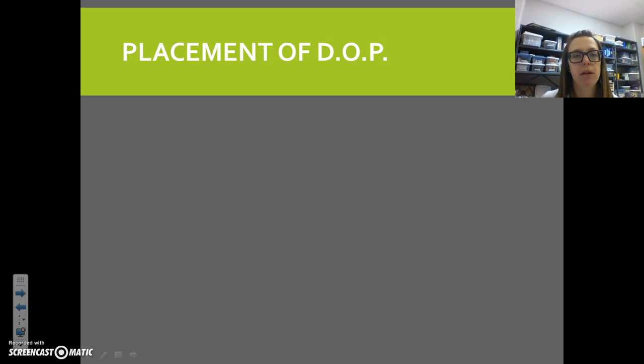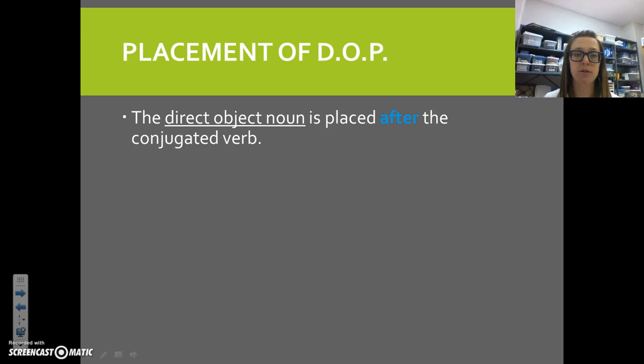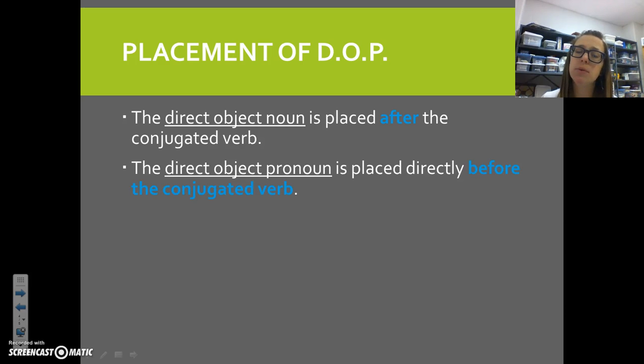Okay, there is a placement difference with direct object pronouns in Spanish. So the direct object noun, so that's not the pronoun, is placed after the conjugated verb. The direct object pronoun, however, is placed directly before the conjugated verb.